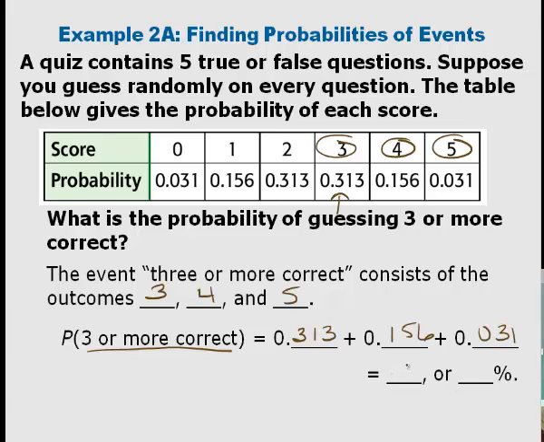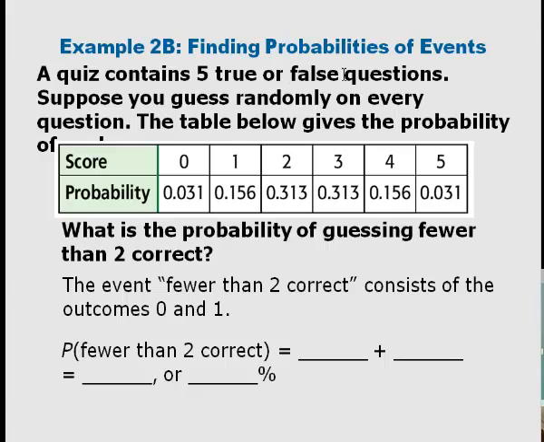When you add those together, you get 5 tenths, or 500 thousandths. Move the decimal point over 2, remember that, and you get 50%. So the probability of getting 3 or more correct would be 50%.